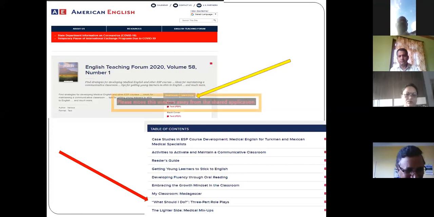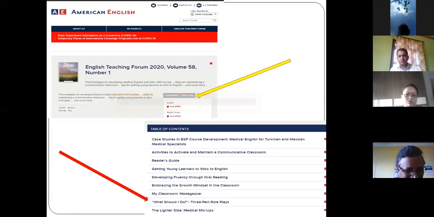Yeah, this red arrow. And you will be able to download that article. And this article has some communicative activities too. So this article has utilized communicative activities, and also has talked about communicative activity in a classroom.